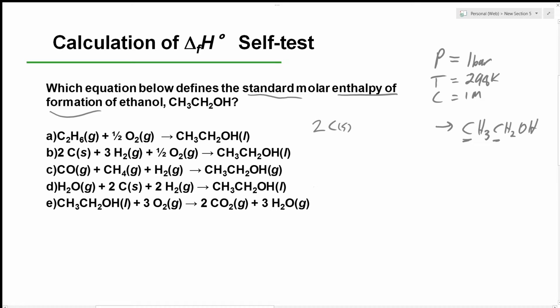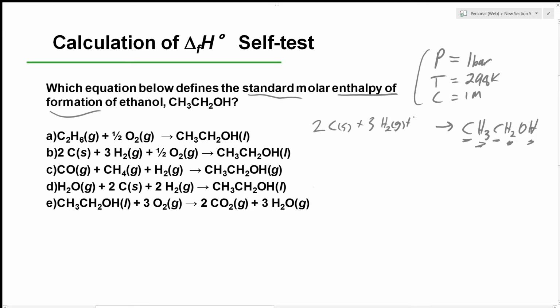carbon here. We can see that the compound ethanol also contains hydrogen, so we need some hydrogen atoms, but we need to actually produce that from a thermodynamically stable hydrogen source, an elemental source as well. So H2 gas is elemental hydrogen, and it's going to be in the gaseous state under these standard conditions. We need 3 molecules of that.